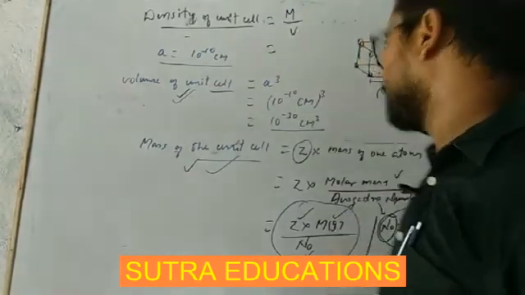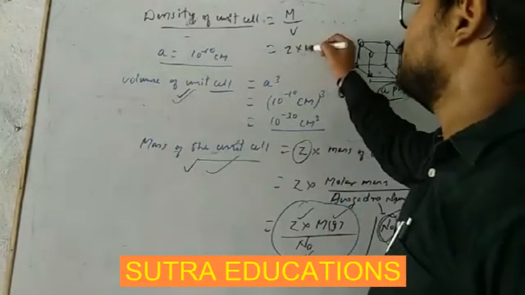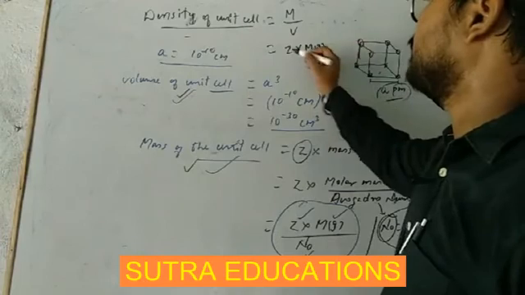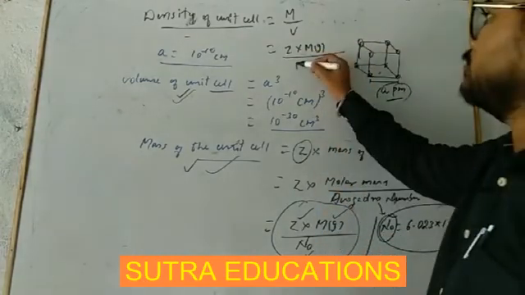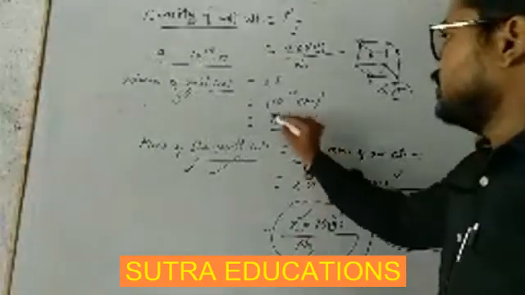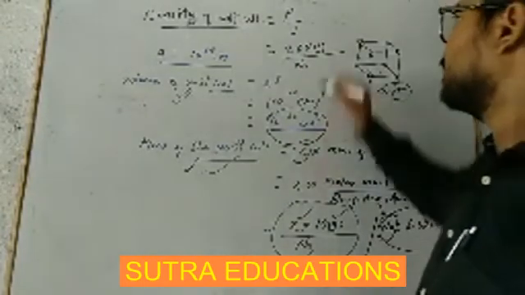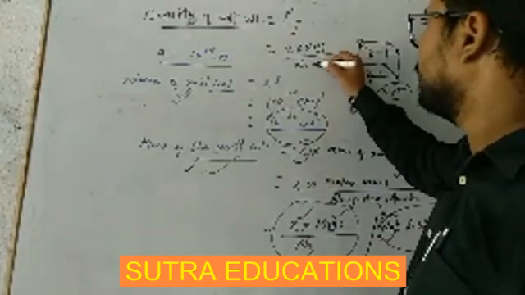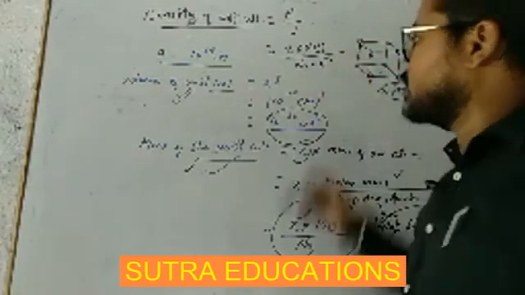Mass we have calculated: Z into m in gram upon n0 number, and volume of unit cell is equal to 10 to the power minus 30. So right here, 10 to the power minus 30. I am rubbing this.